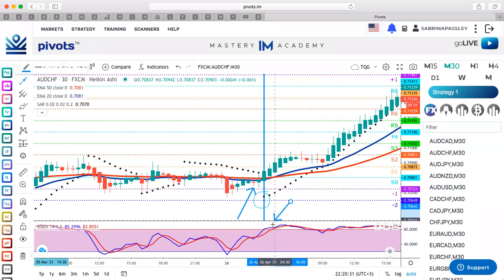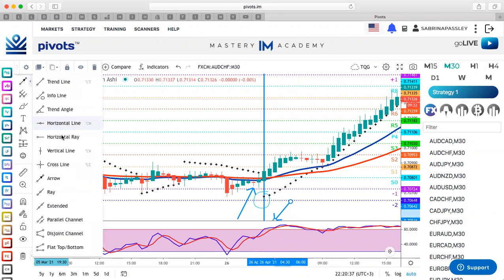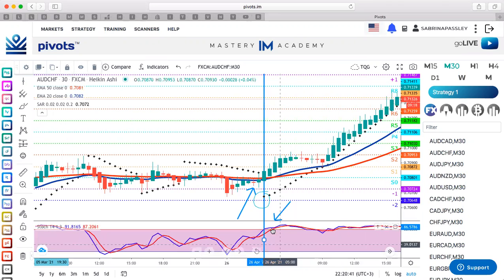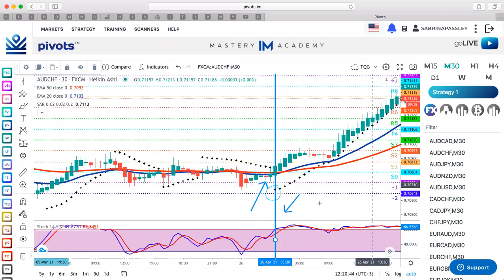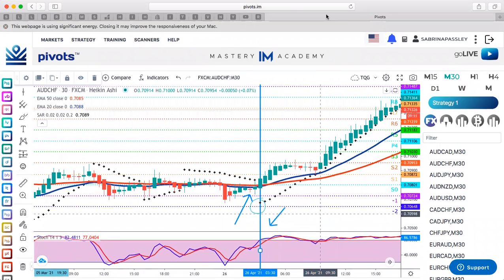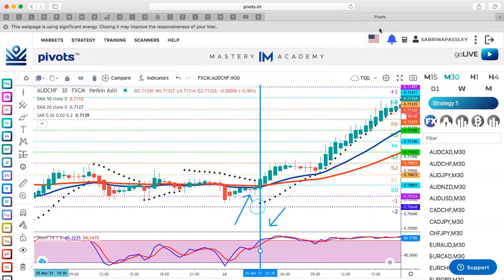My stochastic down here, my blue line, directly above my identifiable candle, is above my red line. So all of those things have lined up on this chart for me to say, okay, potential trade, looking like we're ready to get into this pretty soon.